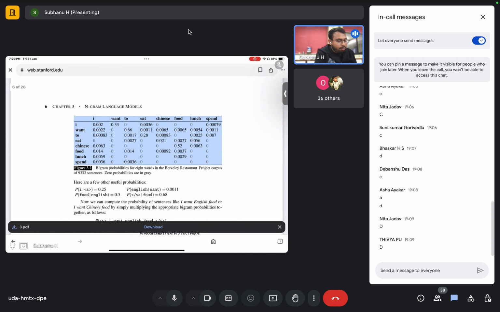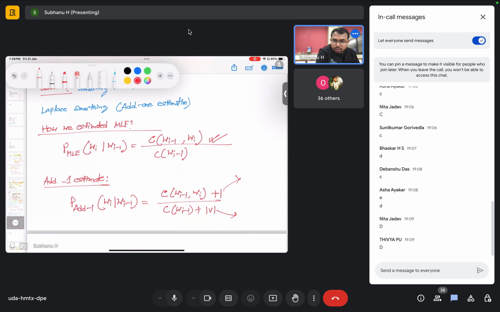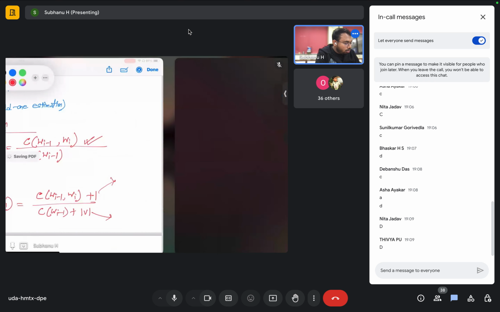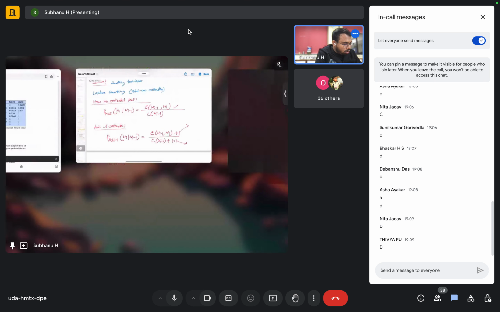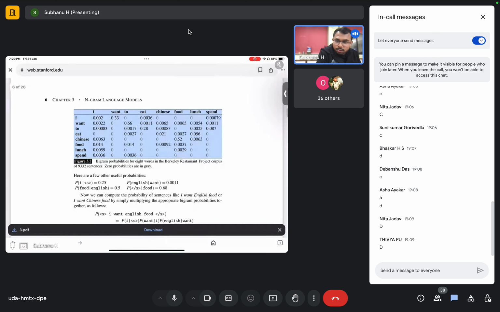This is the formula we are using here, and using this formula we are getting this table. Any problem, anyone?